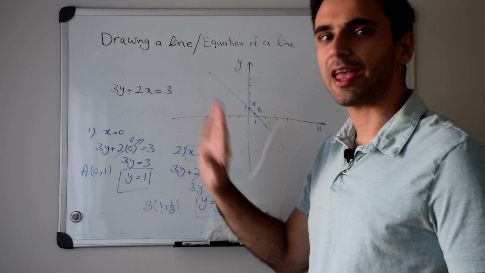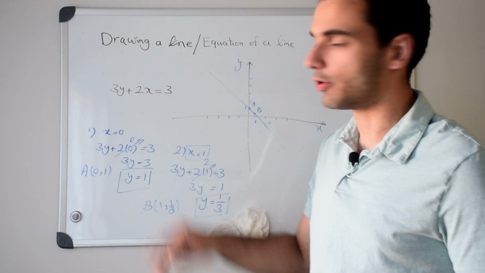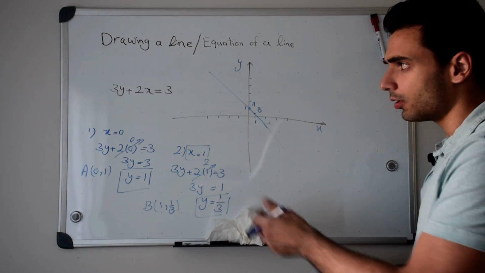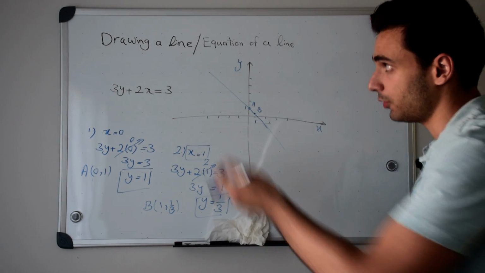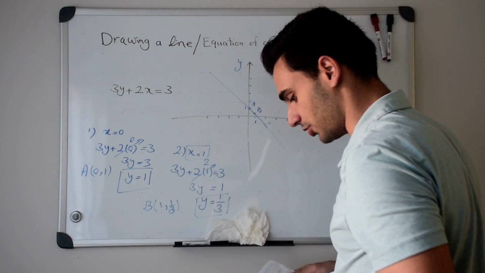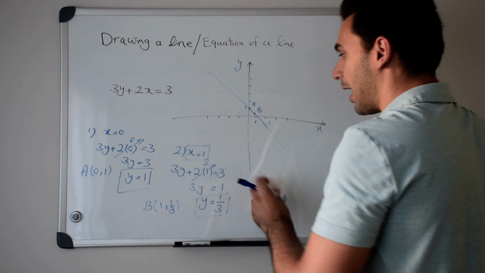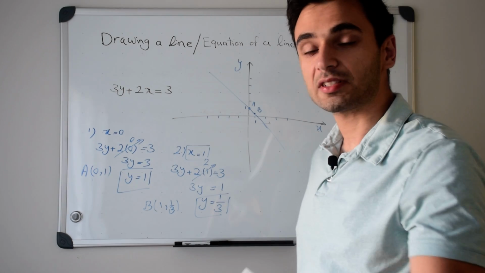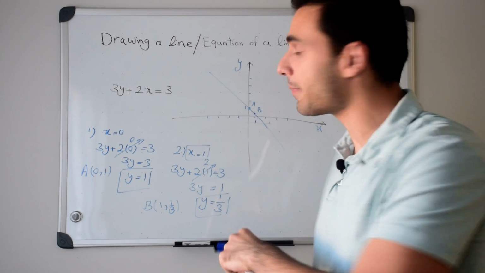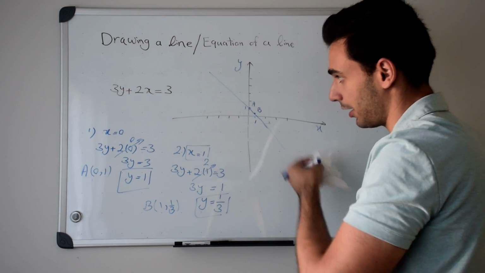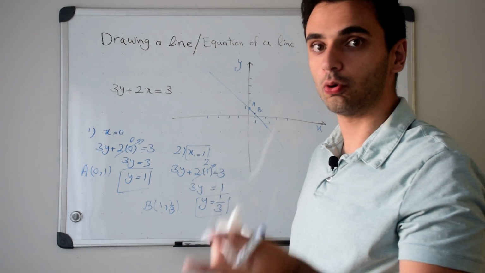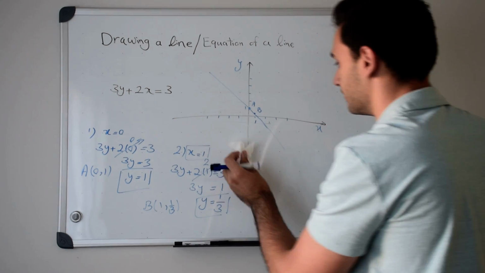And it works for any linear equation. So that's how you draw a line when you have the equation. But how do we determine the equation of a line based on the line, or when you have 2 points? Let's see.